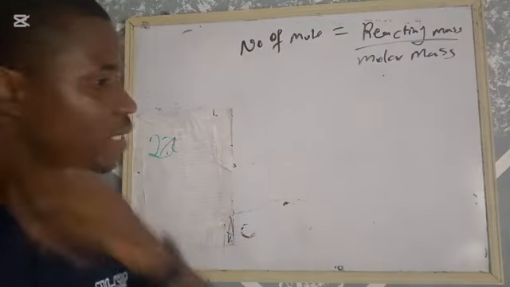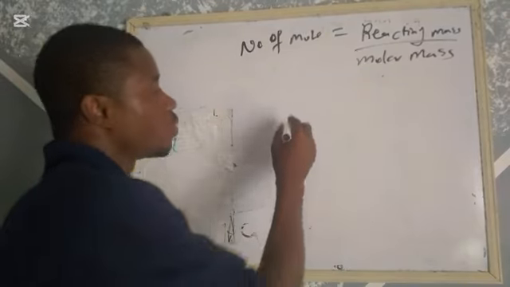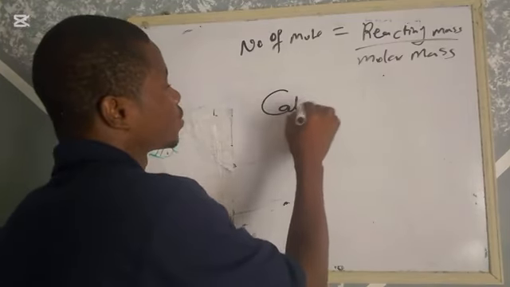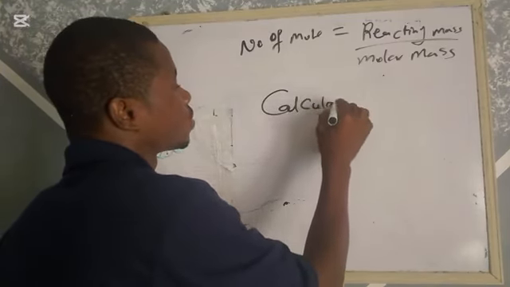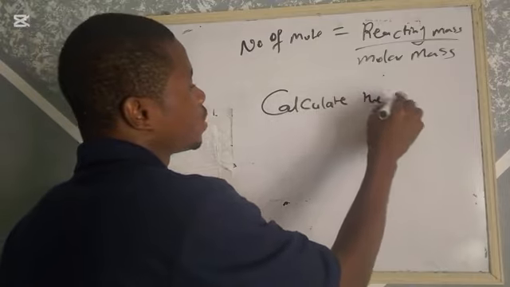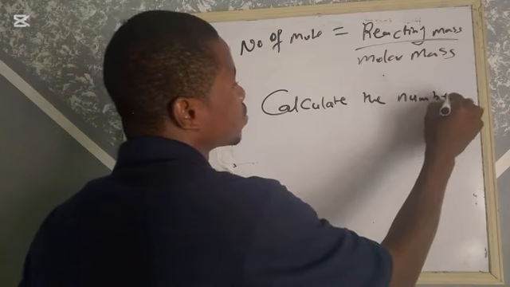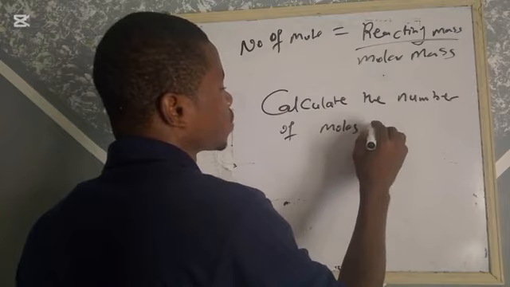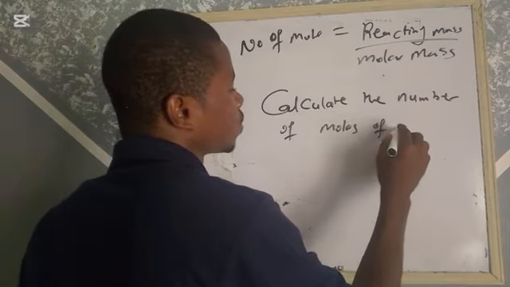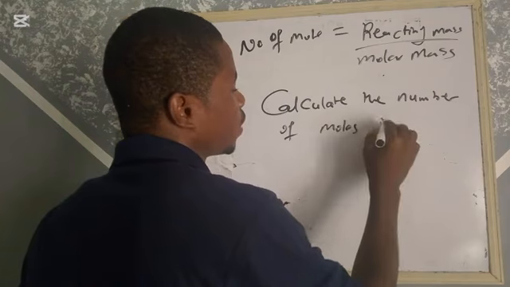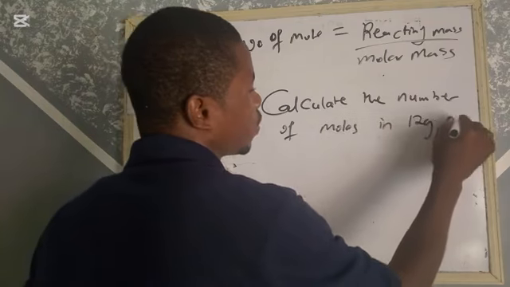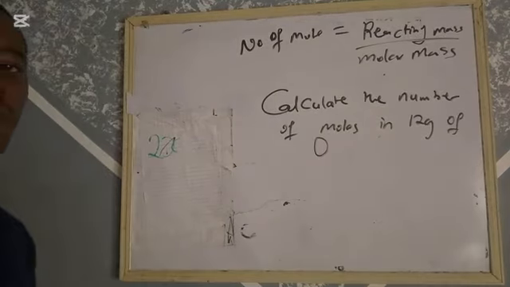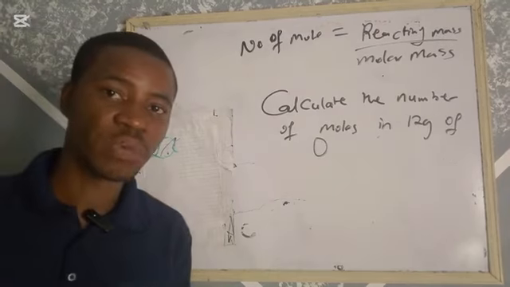So a situation where they say you should calculate the number of moles in 12 gram of oxygen. Remember, oxygen is a diatomic molecule.